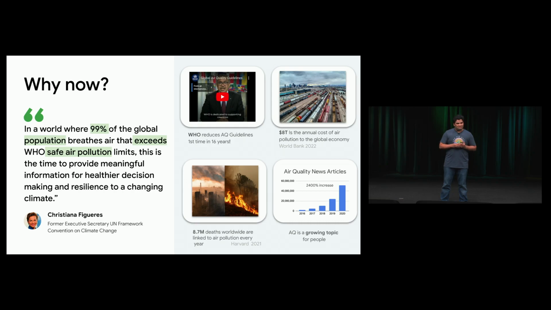There are more than 8 million deaths every year specifically linked to air pollution. All of this is a big healthcare cost, and it's estimated that roughly $8 trillion globally is spent in and around air quality. It's no wonder that air quality is all in the news, and there's year after year more interest in this area.